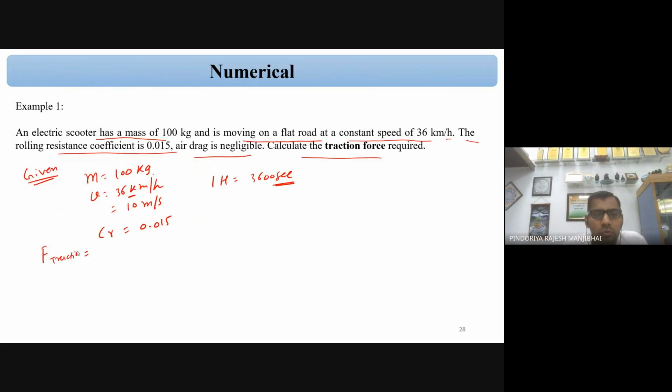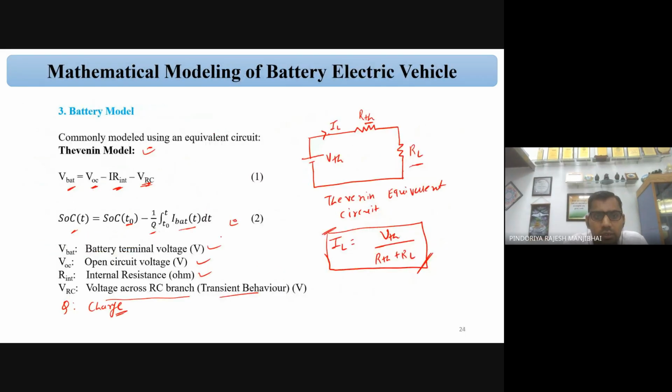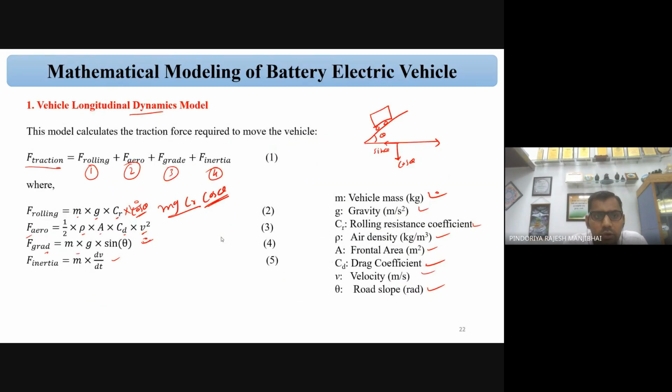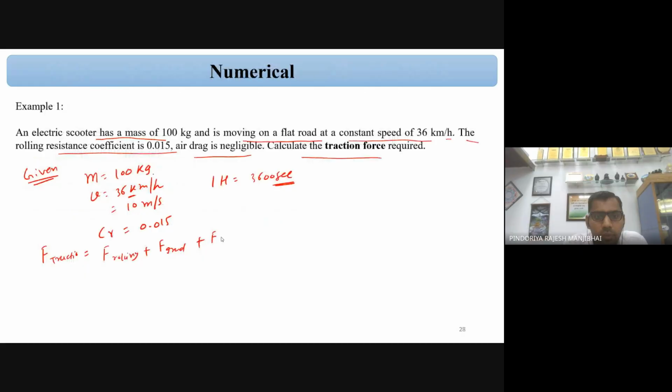So the force is your rolling force plus the gradient force plus the aerodynamic force, and the last one is your inertia force.